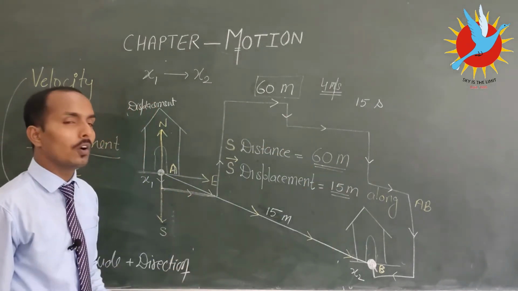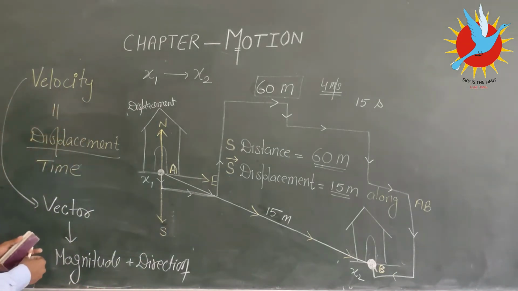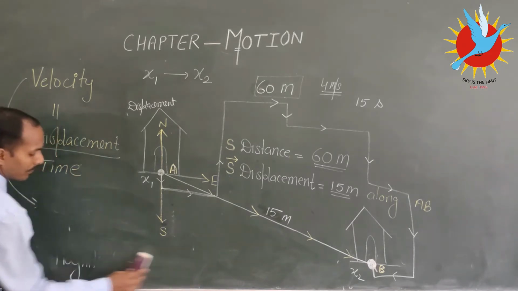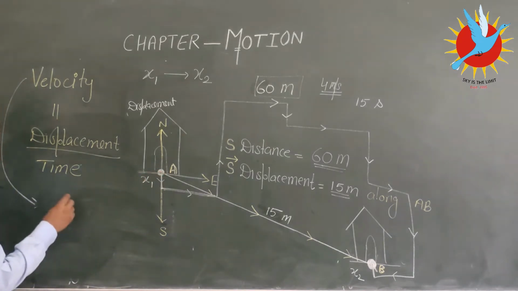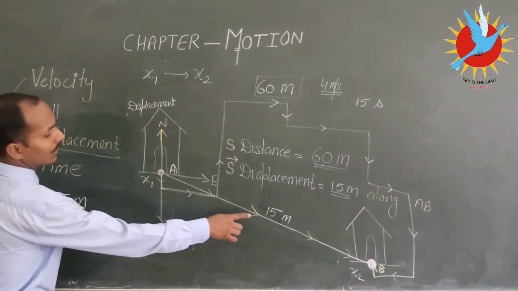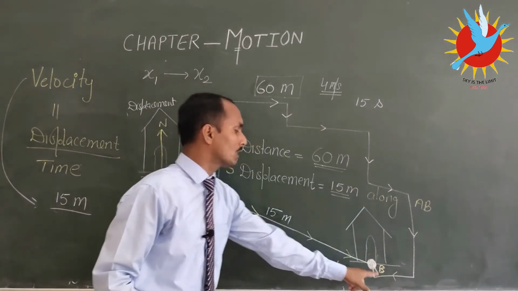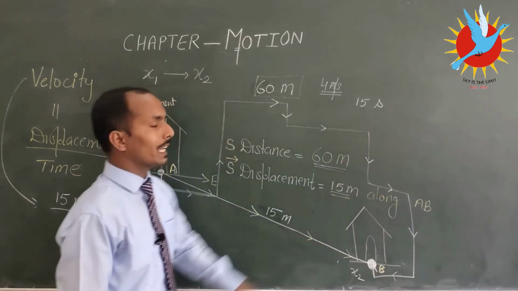But in this case, what is its velocity? Velocity is displacement upon time. Here the displacement is 15 meters, and the time you take to reach there is 15 seconds.